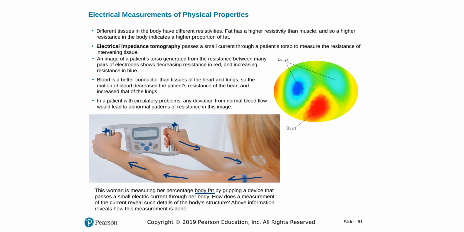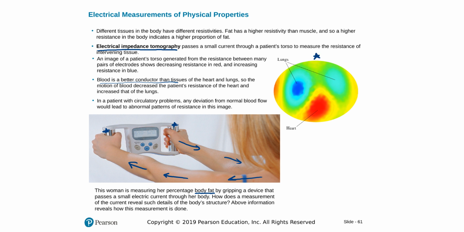Another application is electrical impedance tomography. Again, a current passes through the body and the resistance is measured. Blood is a better conductor in the body, so its resistance will be low. Other parts are poorer conductors, so they map the area of the body.